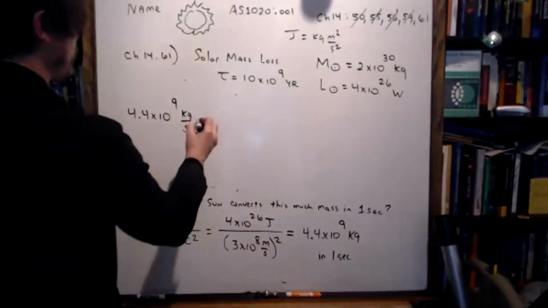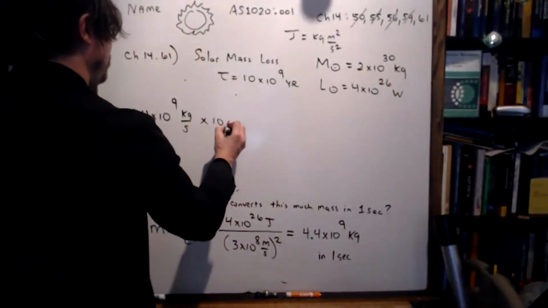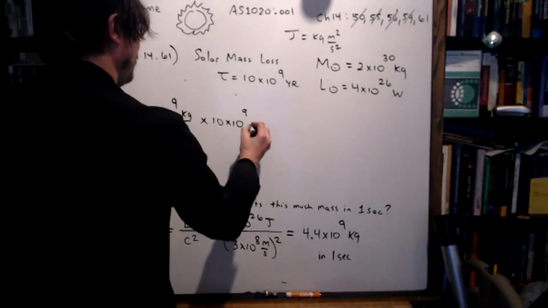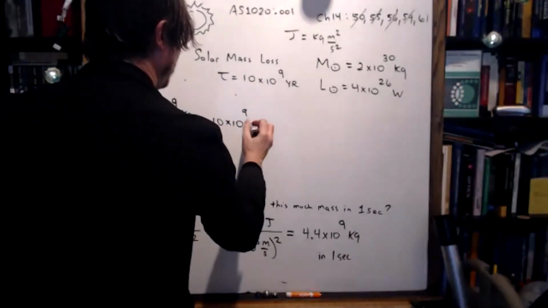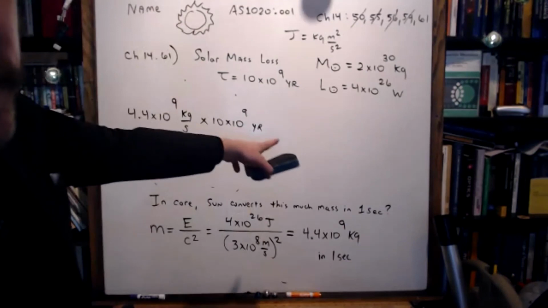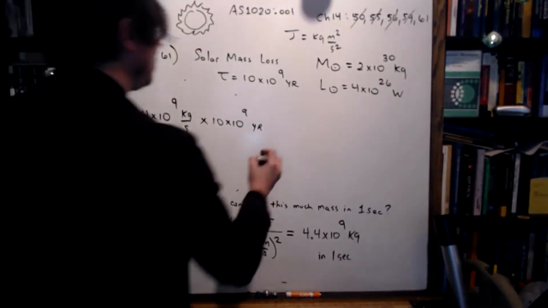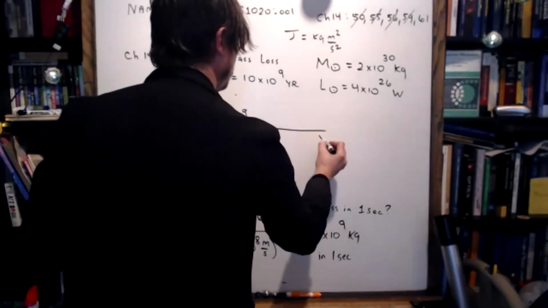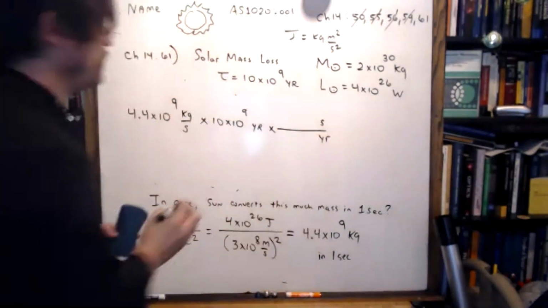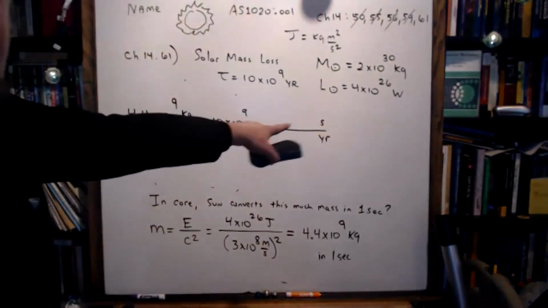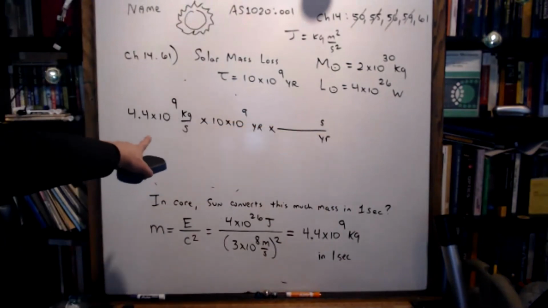We can just awkwardly multiply it by the 10 billion years. And I know that doesn't cancel, but then we can put the unit conversion right in there. Does that make sense? So we'll multiply by the 10 billion years, but then we'll just put in the conversion. So it's kind of like we converted the 10 billion years into seconds and then we multiplied.